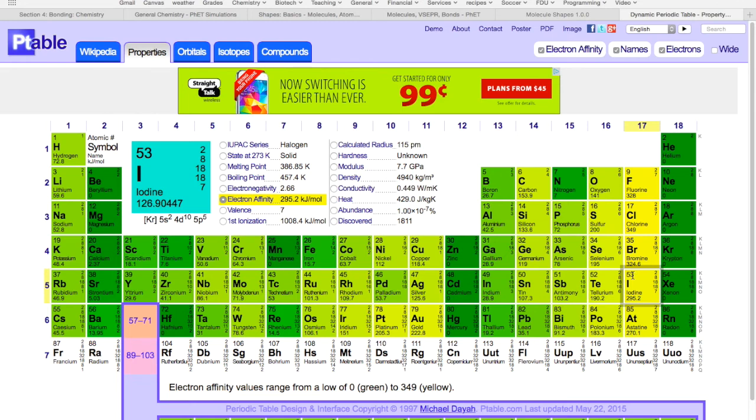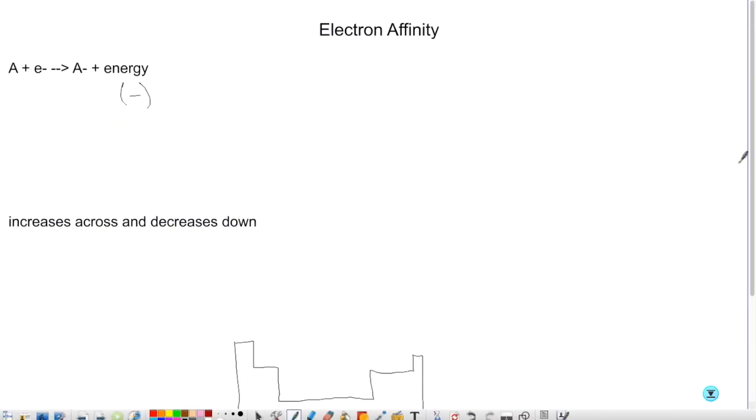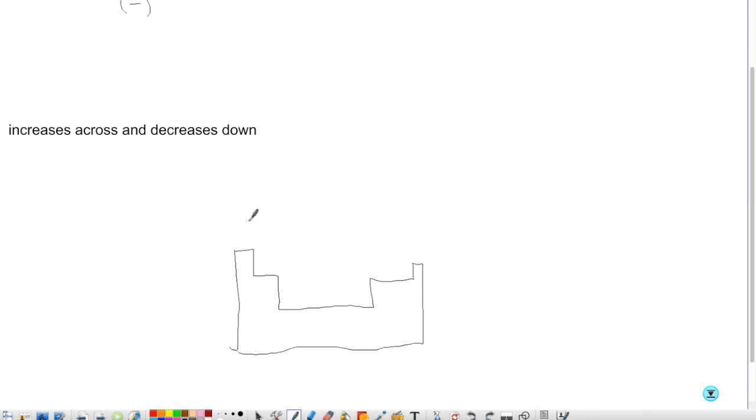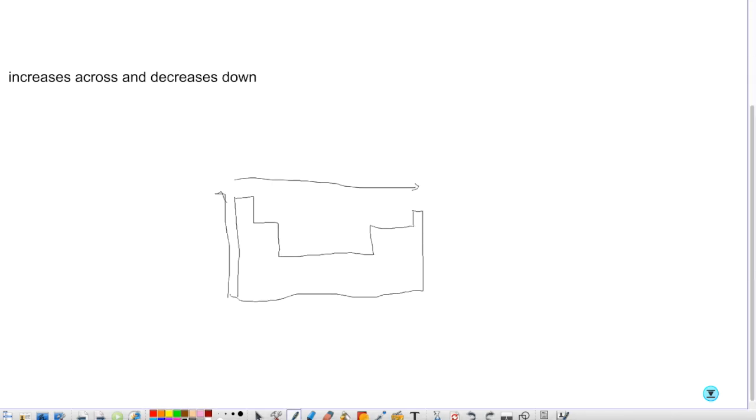They see less of the positive charge from the nucleus, so it's less of a gain, okay? So we increase across and decrease going down. So we increase up and increase across, okay? So that's electron affinity.